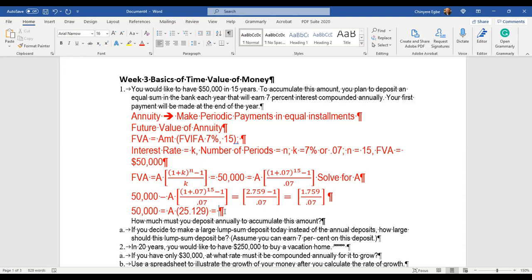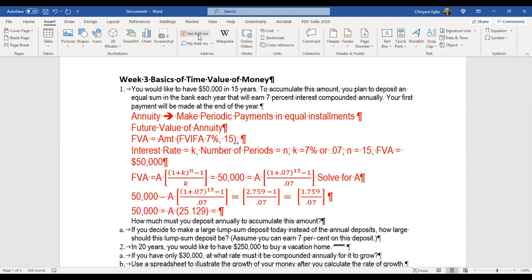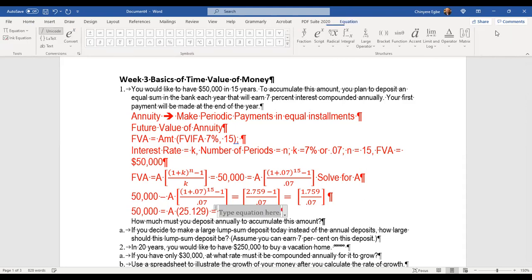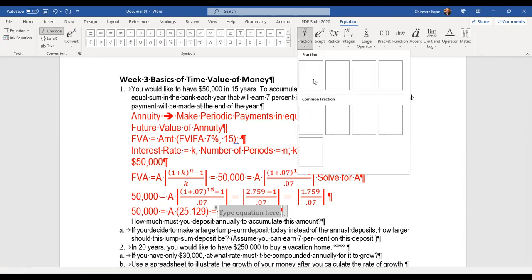Could you please do your division again to find out what A is, the periodic amount? Yeah, I didn't divide it. Hold on.